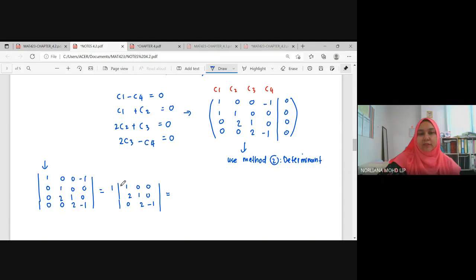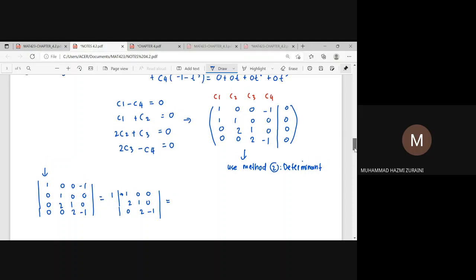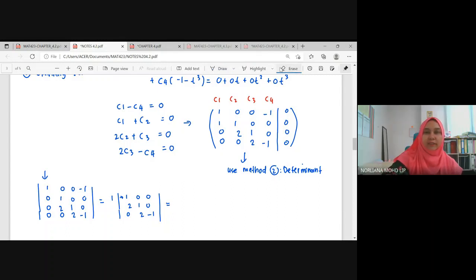Row 2 tu bukan c1 dia ada nilai ke? Sepatutnya 1, 1, 0, 0 untuk row 2. Okay, thank you. Silap. Yang lain 1, 0, 0, 2, 1, 0.